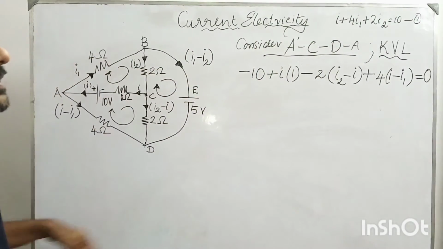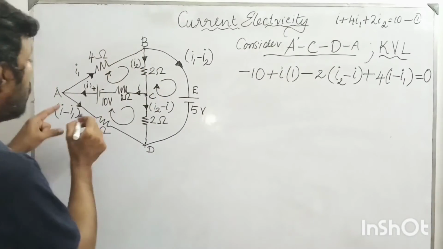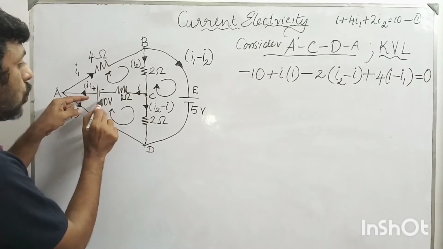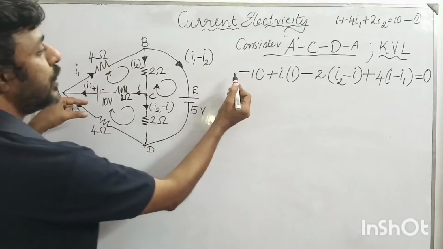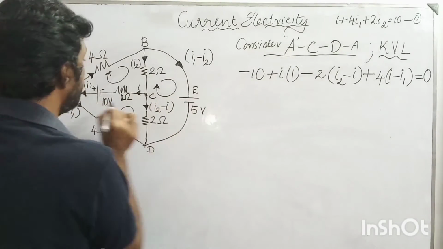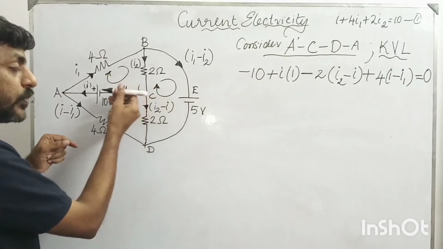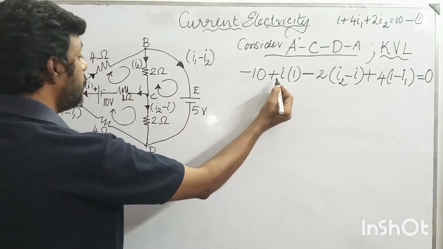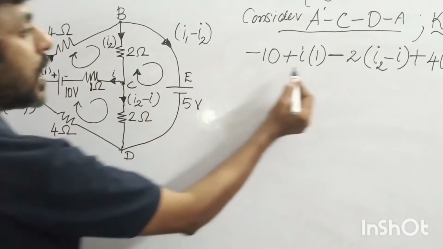You got it? This is how I'm going to form the second equation. My direction of travel is clockwise. When it comes to 10 volts, because I'm encountering the positive terminal first, I add a negative sign and express this as minus 10. Then, traveling clockwise, I experience another current traveling in the opposite direction of mine, so I give a positive value, multiplying I into 1.